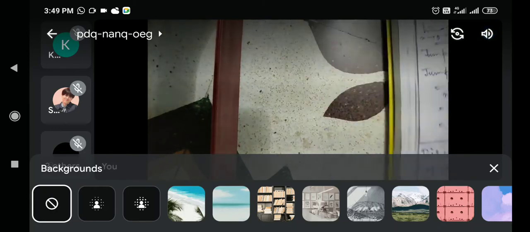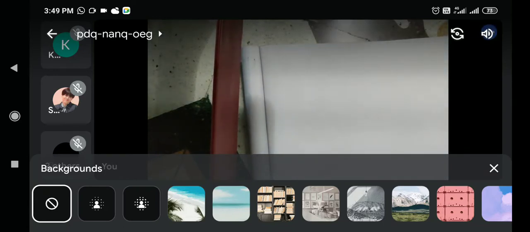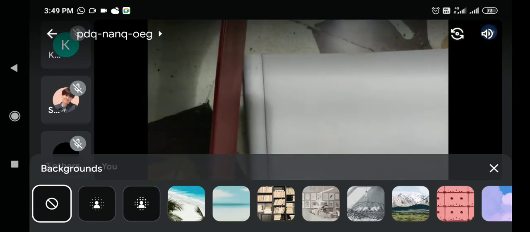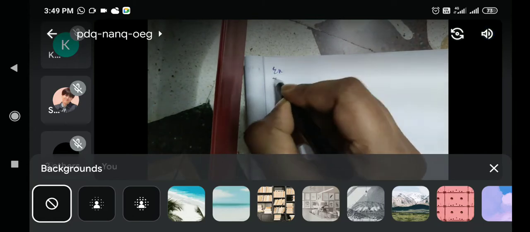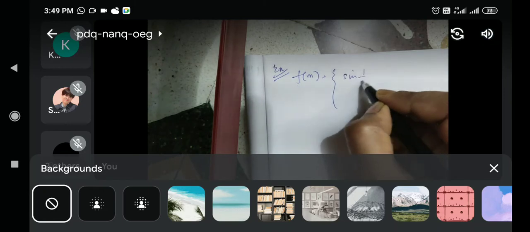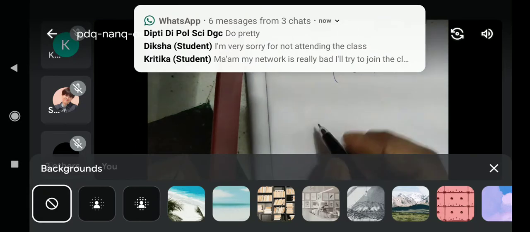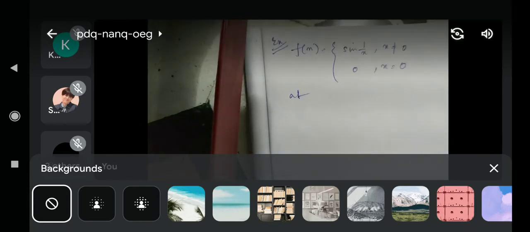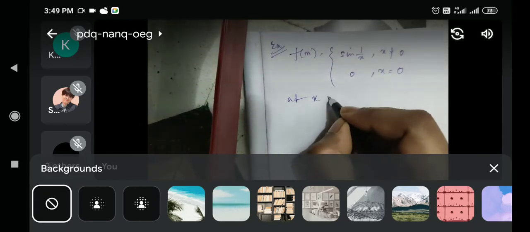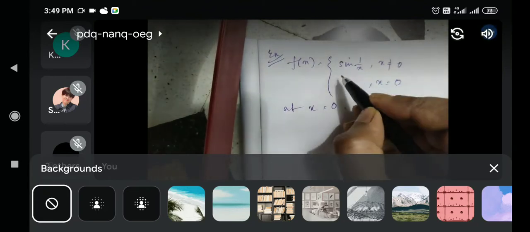I'm giving it. Consider the function f(x) equals this, at x equals 0. Okay. Now check for this part.